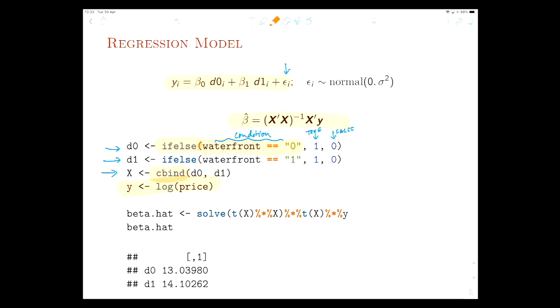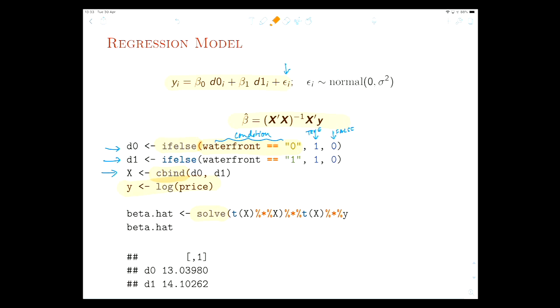And then we can solve for beta hat, our least squares estimator of beta, using that formula, X transpose X inverse, X transpose Y. In R, if you want to find the inverse of a matrix, you can use the solve function. That's what that solve function represents over there, taking the inverse of whatever's inside the brackets.